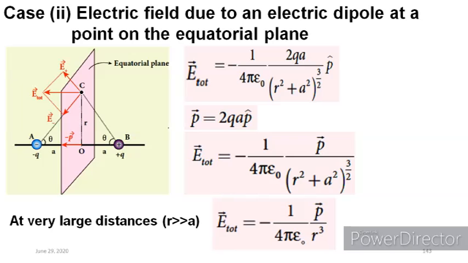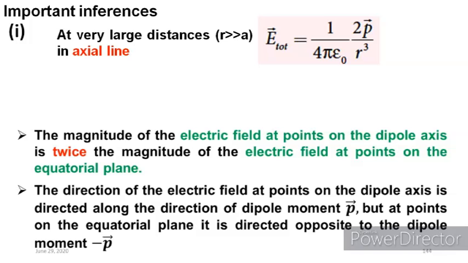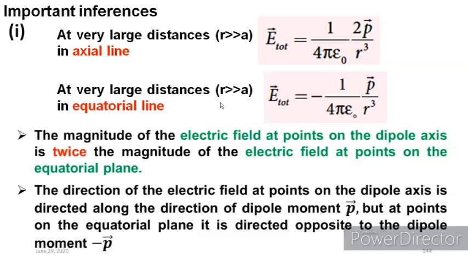Now we will see some important points regarding this discussion. At points on the axial line, the electric field is 1 by 4 pi epsilon naught into 2P vector by r cube at very large distance. For the equatorial line, it is minus 1 by 4 pi epsilon naught into P by r cube vector. From this we can understand that the magnitude of electric field at points on the axial line or dipole axis is twice the magnitude of electric field at points on the equatorial plane.